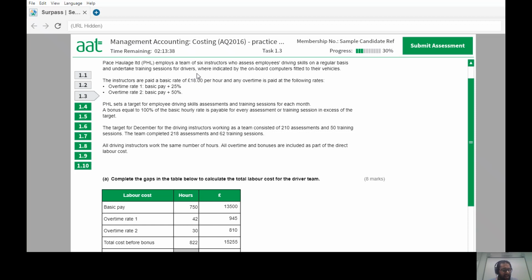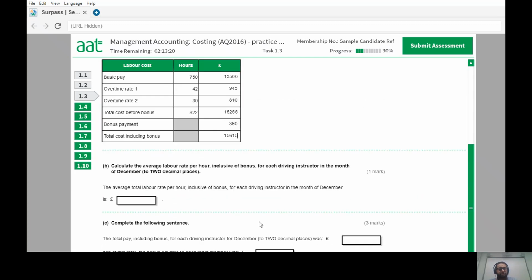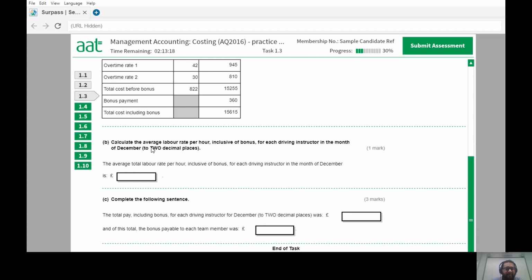If they have done 20, 18 multiplied by 20 is going to be 360. That is going to be the bonus payment. You add that together with 15,255, and I have the total value of £15,615.